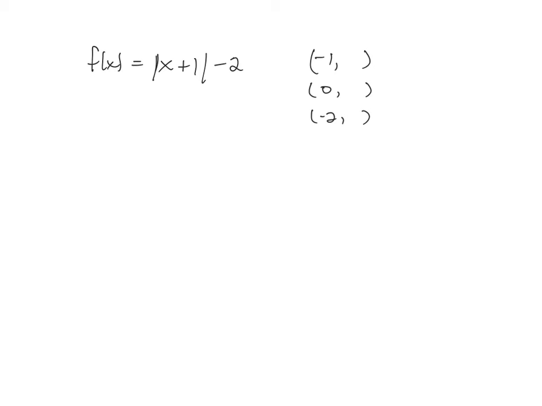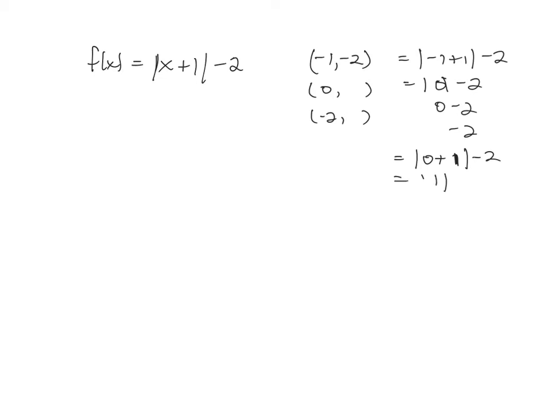Okay, so when I plug in -1, -1 plus 1 is 0. So 0 minus 2 is -2. Then I plug in 0 for x. 0 plus 1 is 1. Absolute value is still 1. 1 minus 2 is -1.